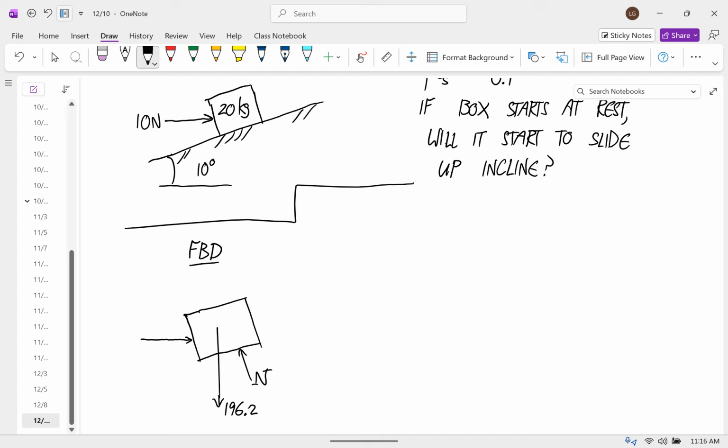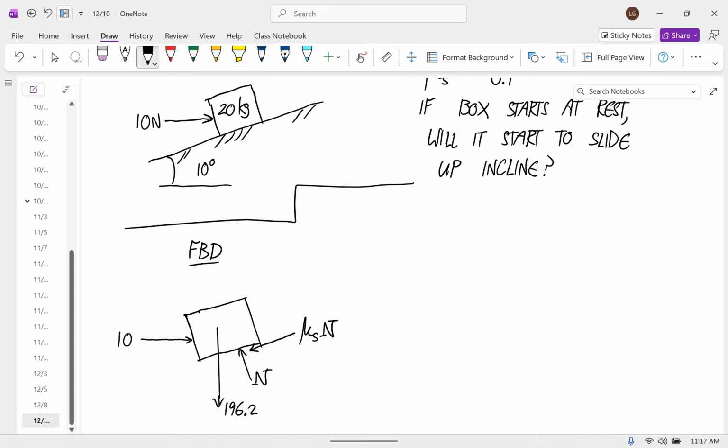We have a 10 Newton force. And if we assume that this friction is strong enough to keep this from starting to slide down the ramp before you apply that force, then in order to keep this from moving up the ramp, we have to have a friction that opposes the direction of that slide. And so the friction is this way, and this would be the static friction times the normal.